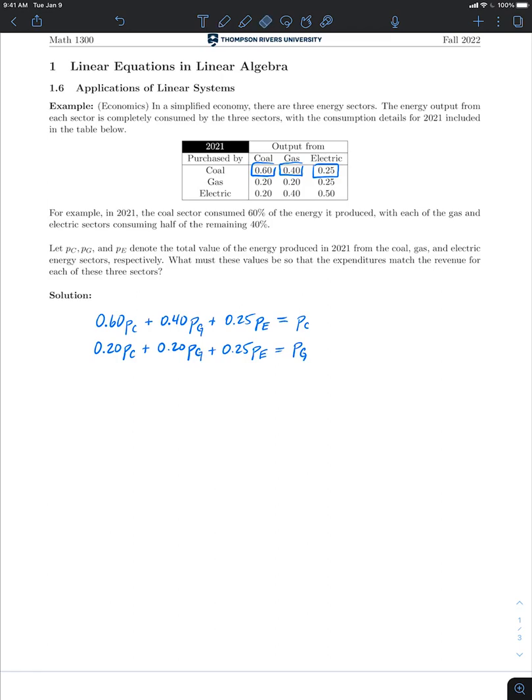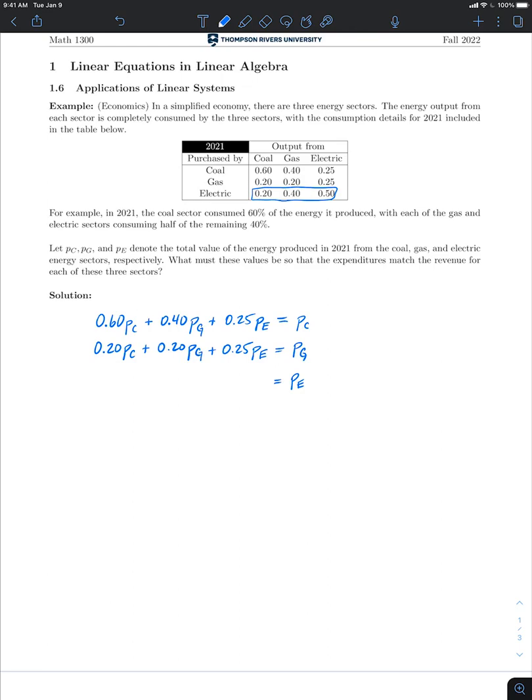And then I'll just erase these because that's not really relevant anymore. We were using these numbers for that second equation. And then for the third equation, what did the electric sector spend versus what did it generate in revenue? In revenue, I'll just write down the right-hand side first because that's easy. So that was its total revenue.